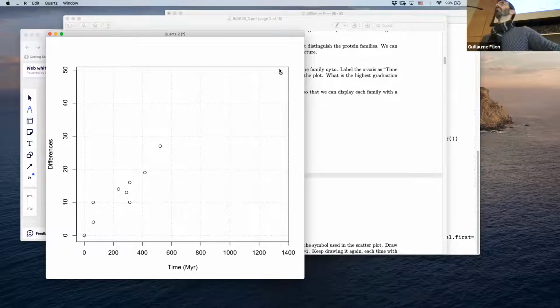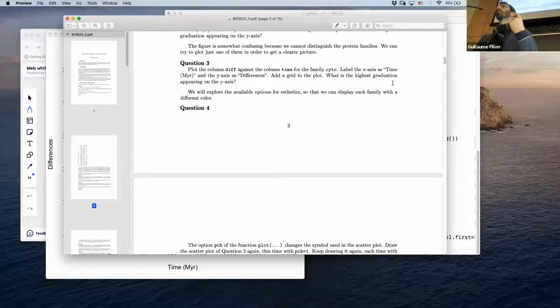But these decisions are made for you, and don't underestimate them, okay? Remember that R, at some point, made the decision to either show, cut, or not show the axis. So that's the true meaning of this question. It's not really that I don't believe you're able to read that number. It's just that you should realize that this decision has been made by R, not by you. So far, so good?